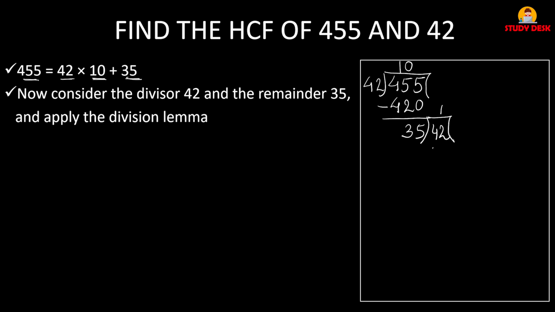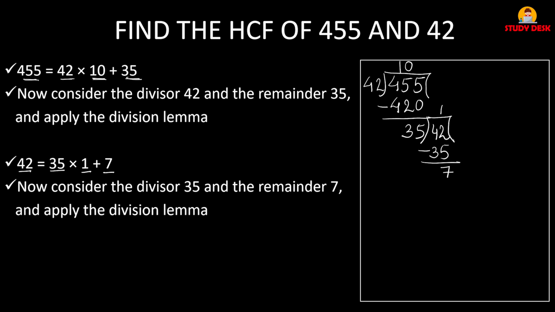35 into 1, we are going to get 35. On subtracting, we will get a remainder of 7. So, still we have not got the remainder as 0. We will write 42 dividend is equal to divisor 35 into quotient 1 plus remainder 7. Now, we will consider divisor 35 and remainder 7 and apply the division lemma again.